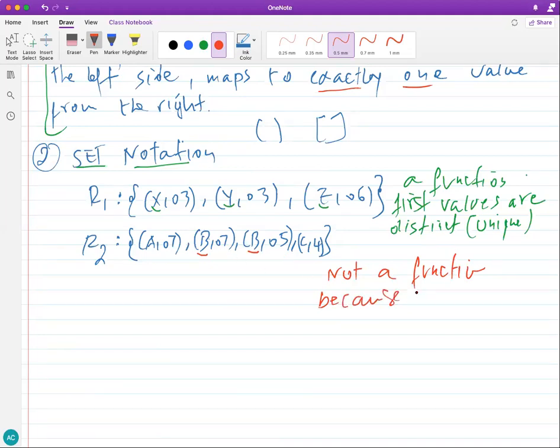Because B is repeated. Okay, everybody got this idea here? That's the whole thing here about the set notation. It's very easy to tell whether something is a function or not. And you can turn any table or any relation into something like this.